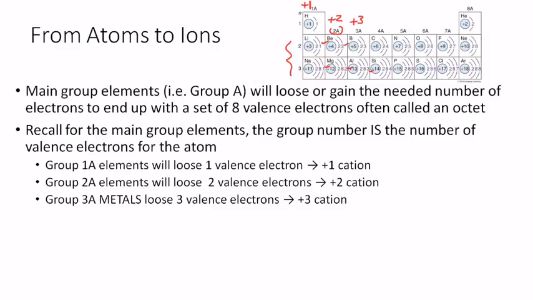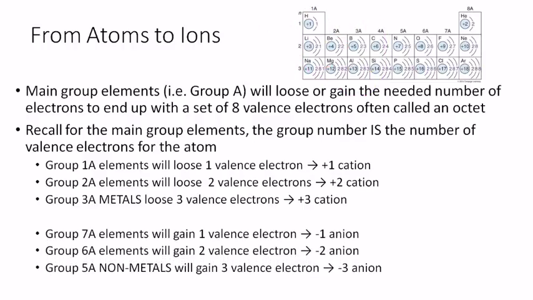So these are all cations. I like it because I think of the t in cation as being a plus. It's all about valence electrons. Now these ions are what we call mono, as in one. These are just monoatomic ions.